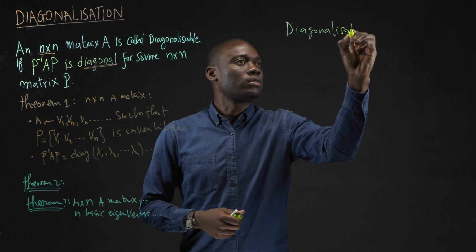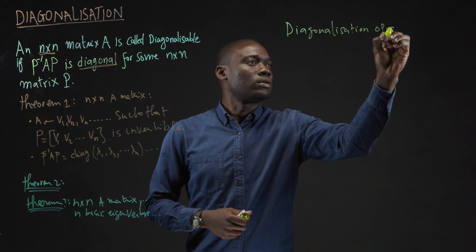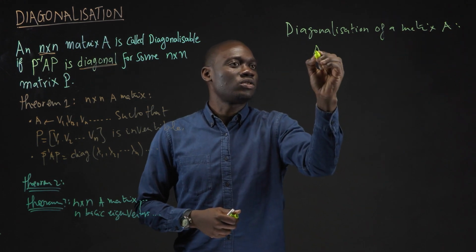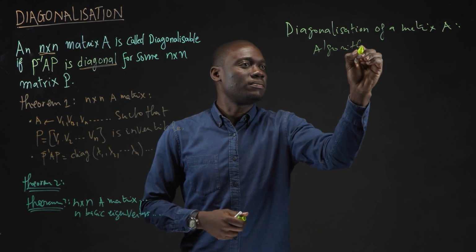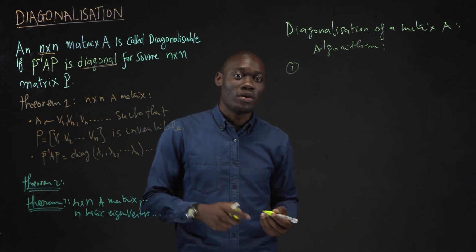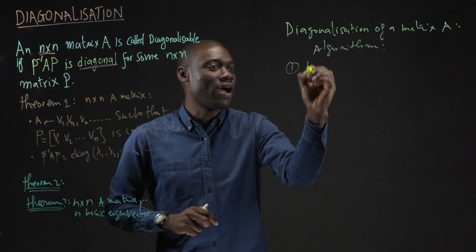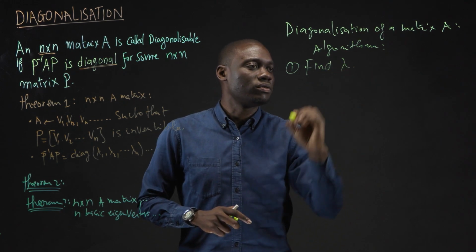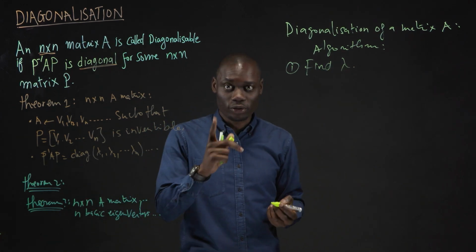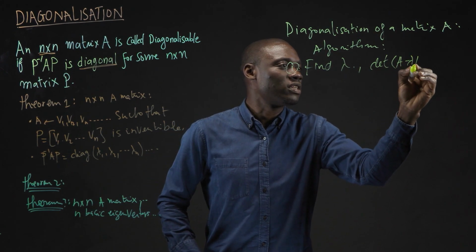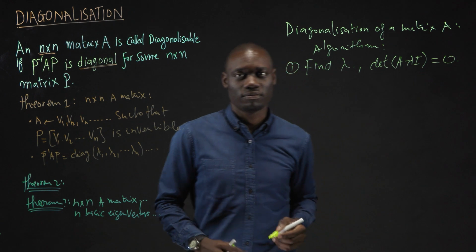So let's look at the algorithm for diagonalization of a matrix A. The first step is to find the distinct eigenvalues lambda. You know how to do that by solving the equation determinant of A minus lambda I equals 0.